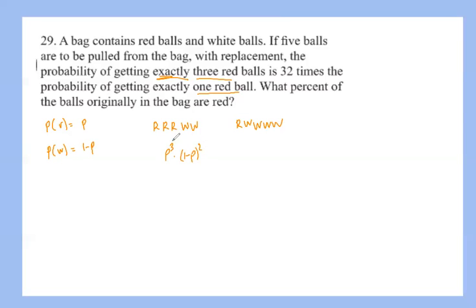But again, this is one specific order, so I can rearrange these R's and W's in any order, which gives other ways of getting 3 R's and 2 W's that need to be calculated as well.